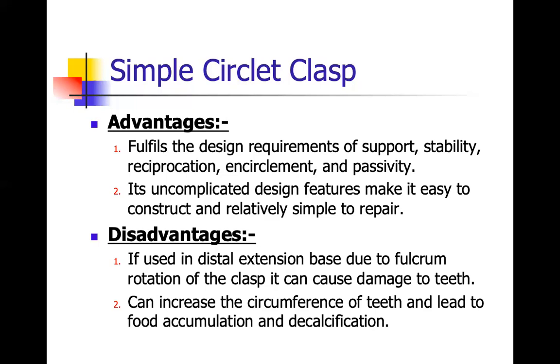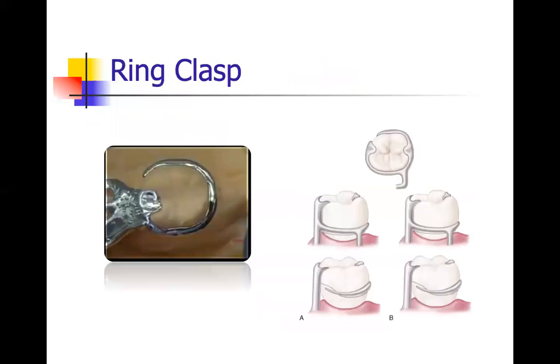It can also increase the circumference of teeth and lead to food accumulation and decalcification of abutment teeth. The second one is the ring clasp.